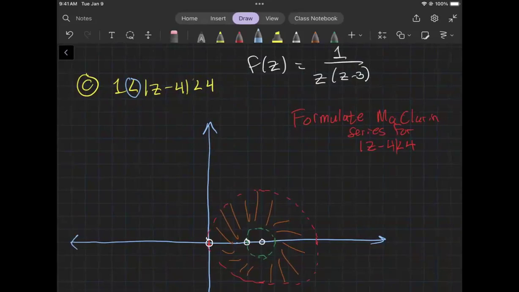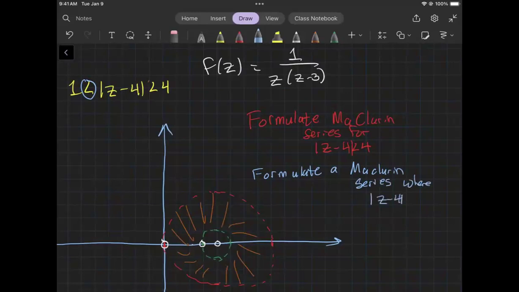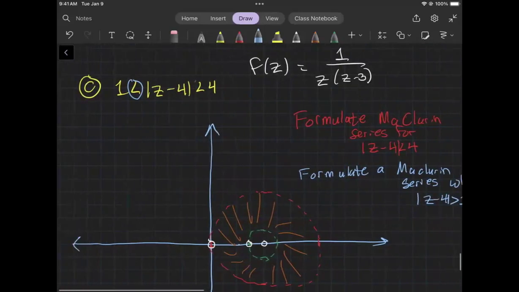So we also need to formulate a series where the absolute value of z minus 4 is greater than 1.